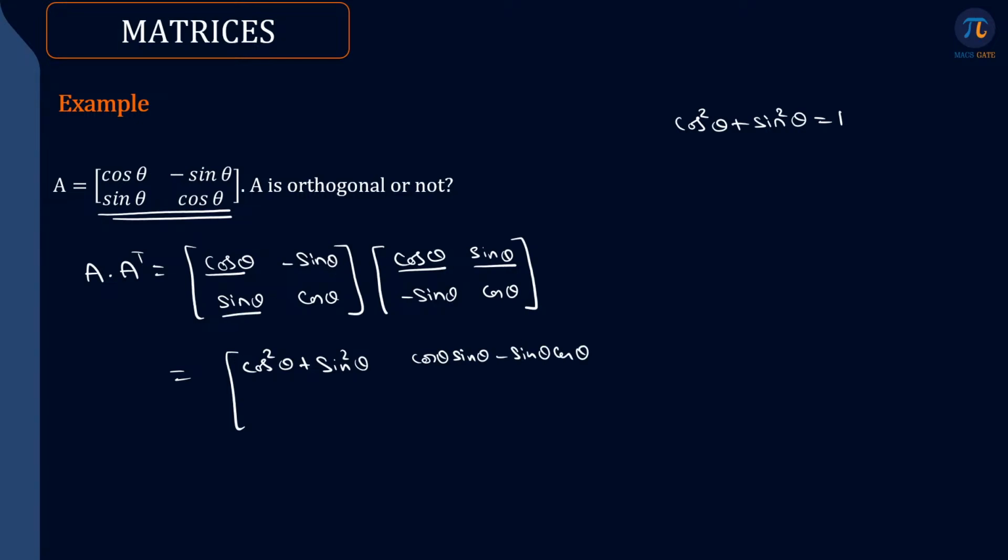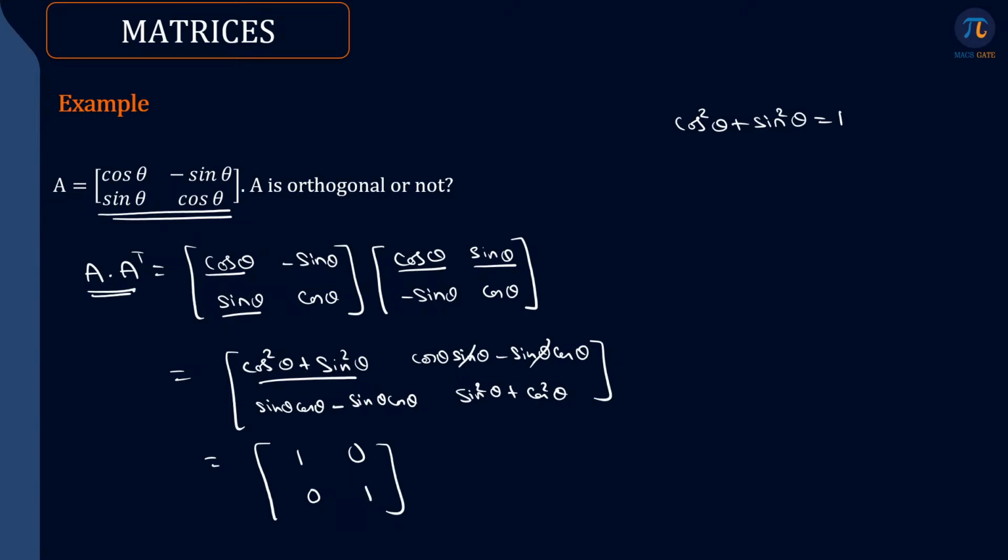And here you get sin theta cos theta minus sin theta cos theta, or cos theta sin theta. Then it is sin square theta plus cos square theta. So when you simplify, this is 1, these two get cancelled, you get 0, this is 0 and this is 1. Because A into A transpose is identity, it is an orthogonal matrix. Okay, please understand.